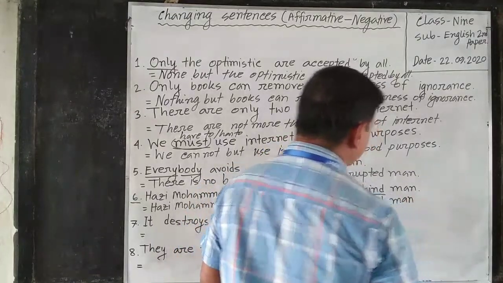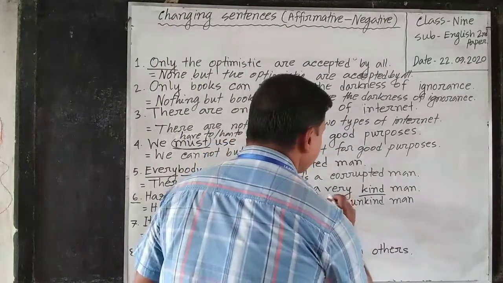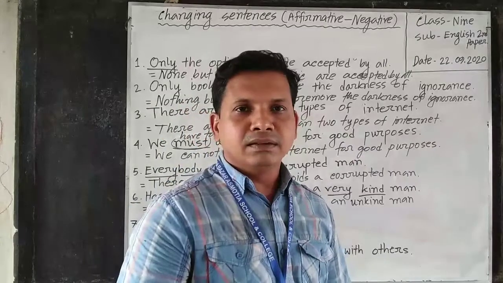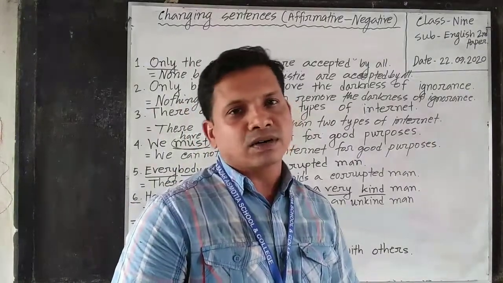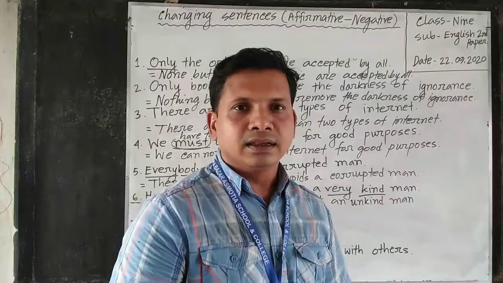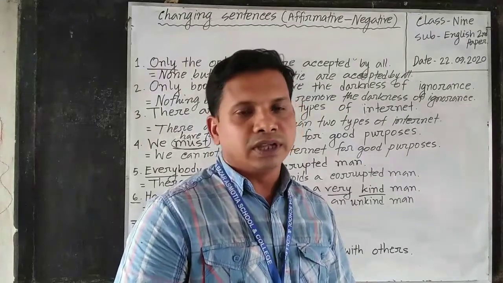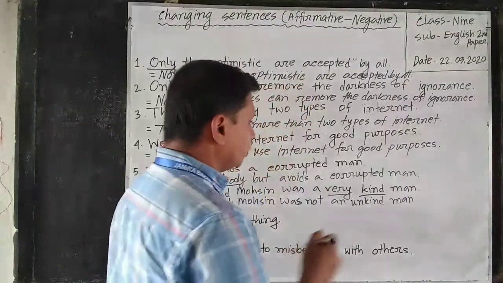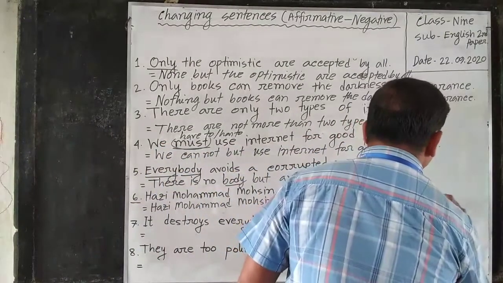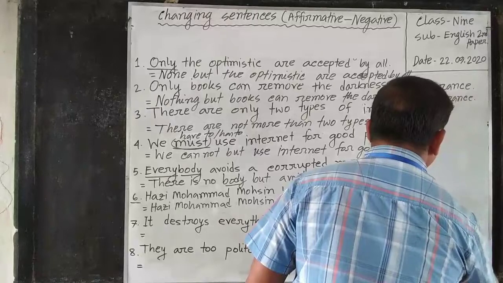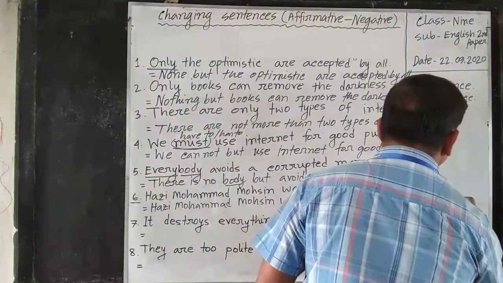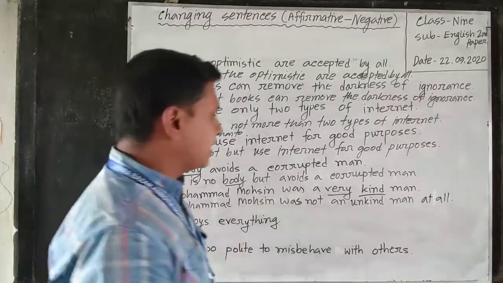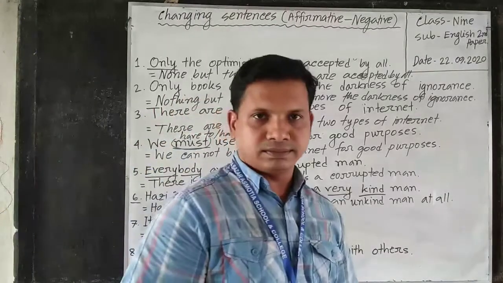And dear students, here we have got another thing, that is very. If any affirmative sentence contains very, then we will have to use at all instead of very. So we will write at all at the end of this sentence. So the answer is Haji Mohammad Mohsin was not an unkind man at all.